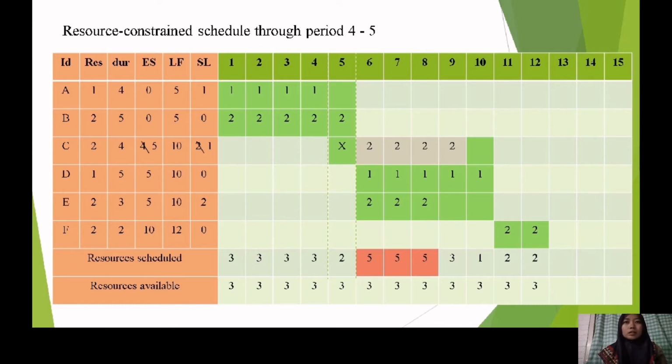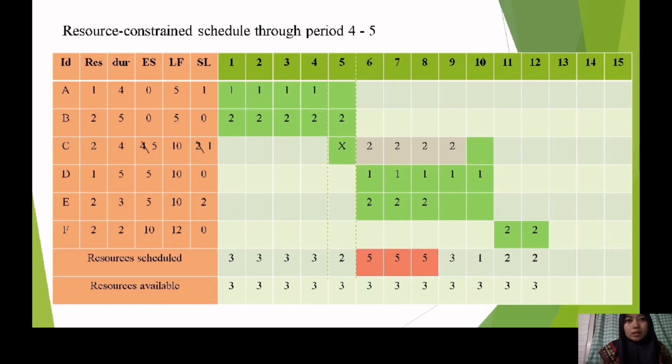The resource schedule exceeds the resource available for day 5, so between activity B and C, we should choose one resource to be shifted. Considering the original critical path of the project, which included activity B, we shouldn't shift the resources in activity B. So we should shift the resource in activity C.